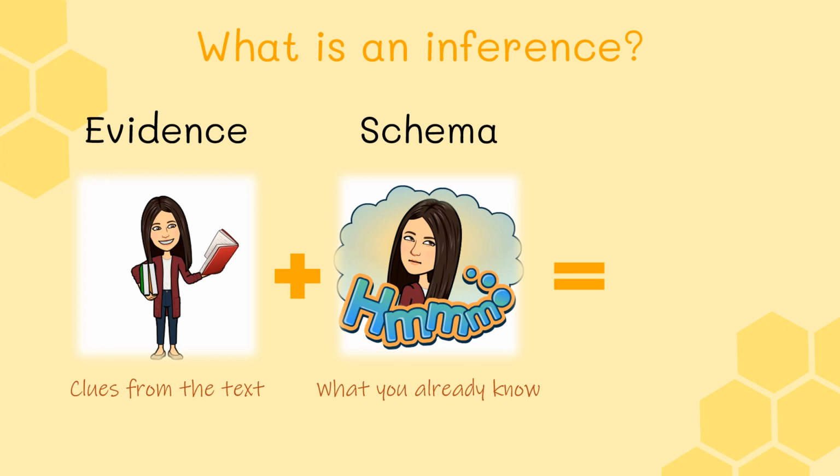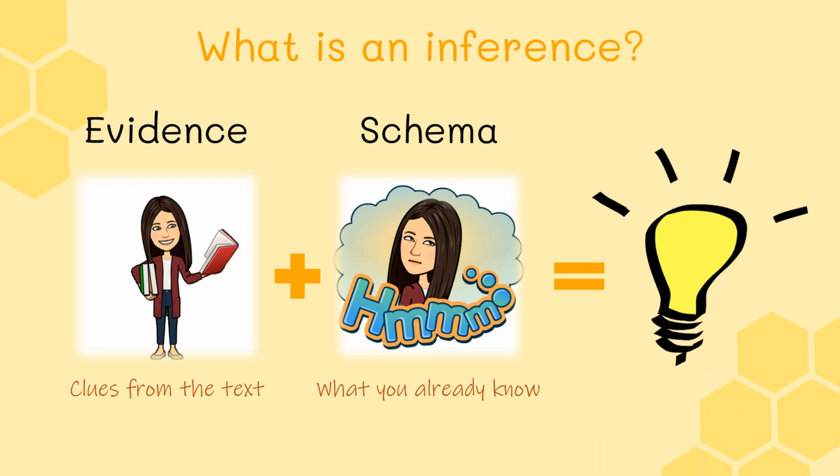So if we take our evidence and add in our schema that thunder could make a loud noise, we could make an inference. An inference is when you mix evidence plus schema, and we could infer that Sam was in a thunderstorm. Okay?